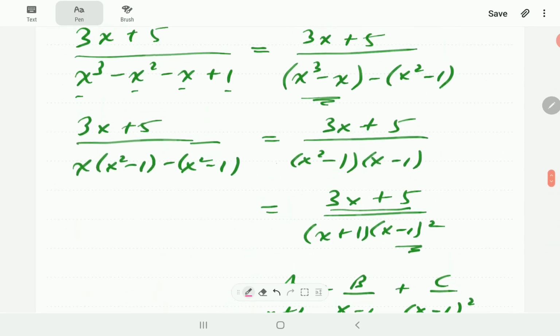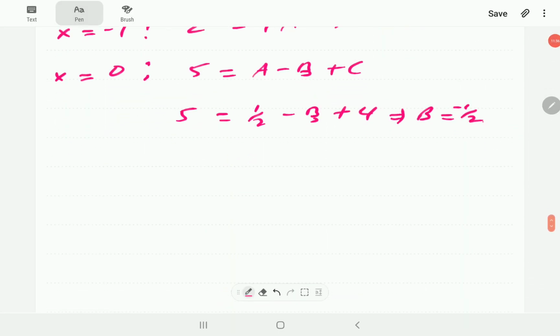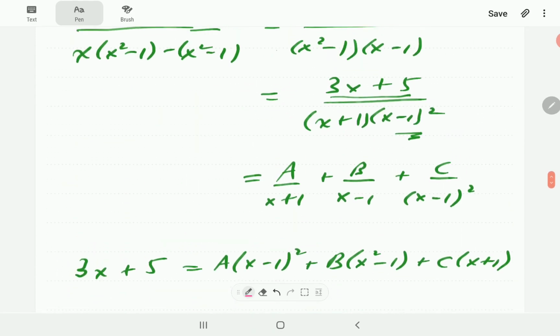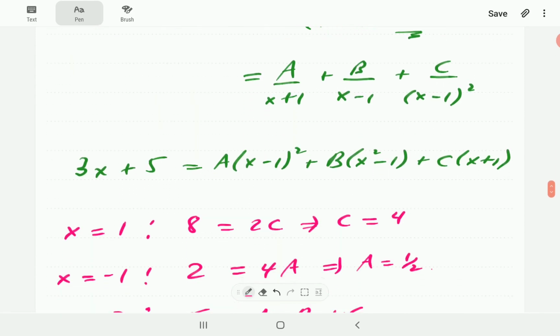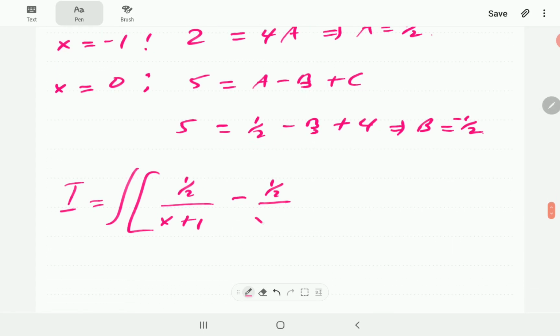So our integral here, we can now write as follows. So I is going to be the integral of, so a is 1/2 over (x plus 1), b is negative 1/2, so minus 1/2 over (x minus 1), c is 4 over (x minus 1) squared.